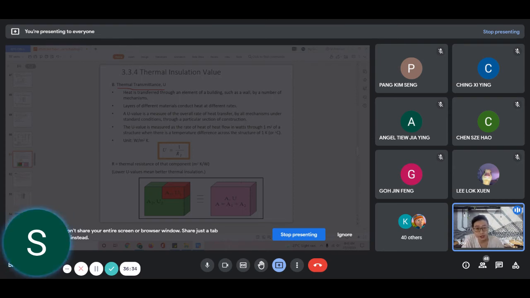So different materials you want to make into a single material. We want to make it into one area with one universal value of how good the wall section is at reducing the transfer of heat. So that's why we want to have something like this.